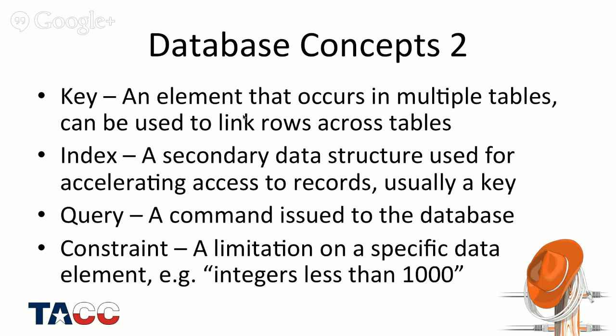And a constraint is just a limitation on a specific data element, usually a column. It's going to be something like, this value has to be an integer less than 1,000, or it has to be a positive integer, or it just has to not be null. That's something you see really frequently when you want to ensure that a particular column is always populated.